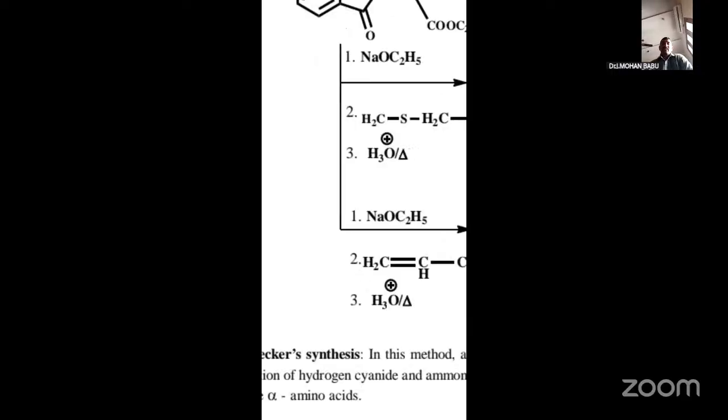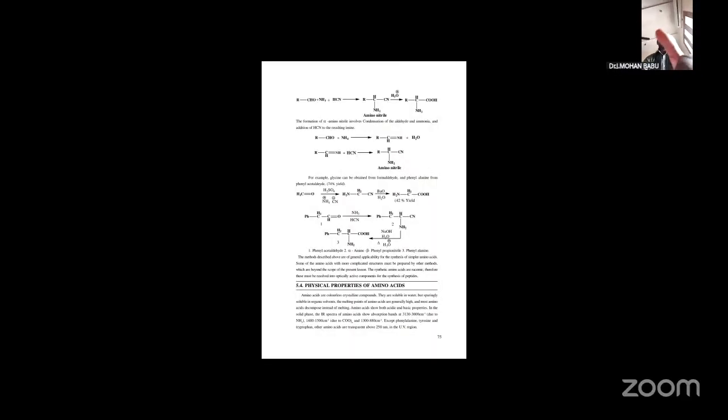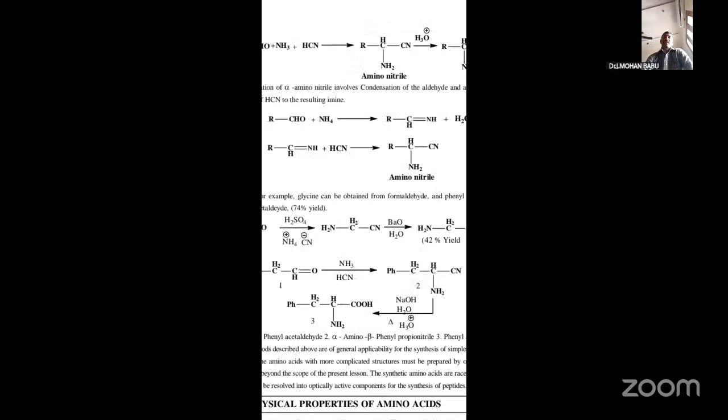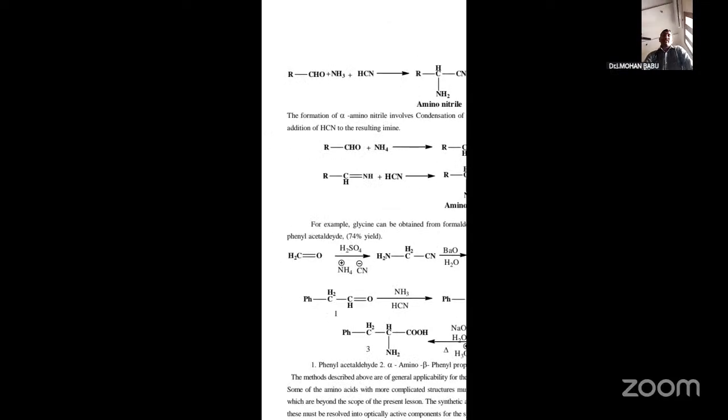Next, one more method is Strecker's method. So this is also one of the important synthetic methods of amino acids. In the Strecker's method, what are we taking? We are taking the aldehyde and ammonia and hydrogen cyanide, HCl.